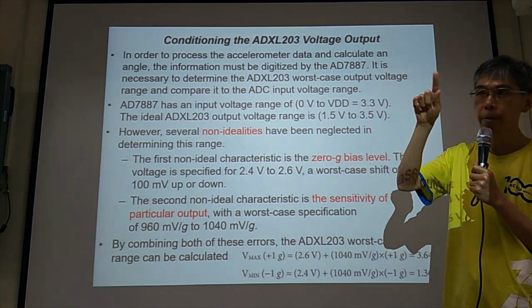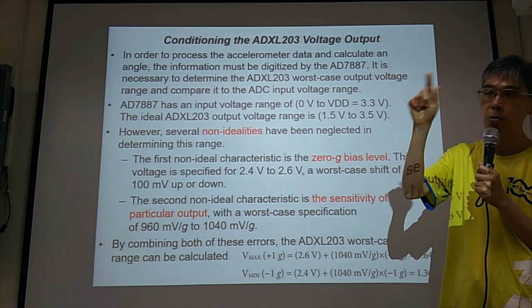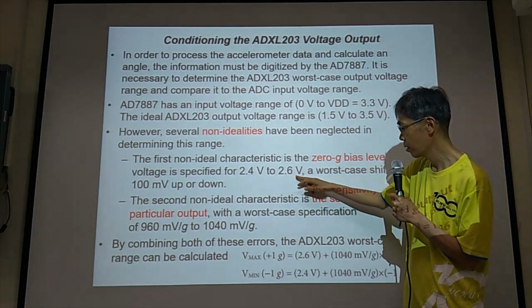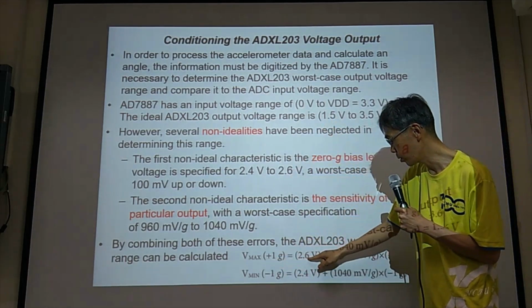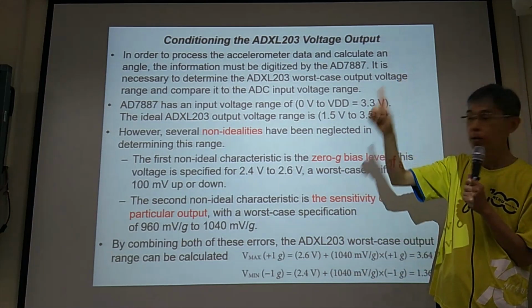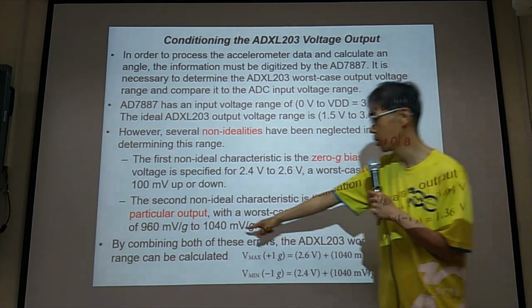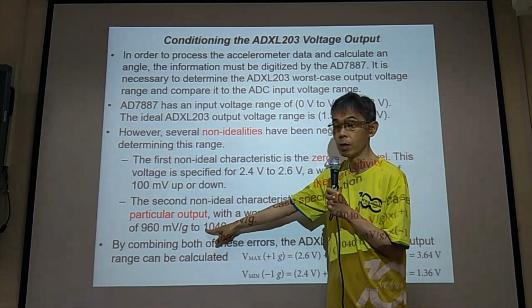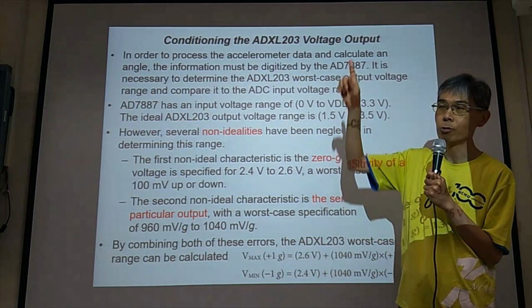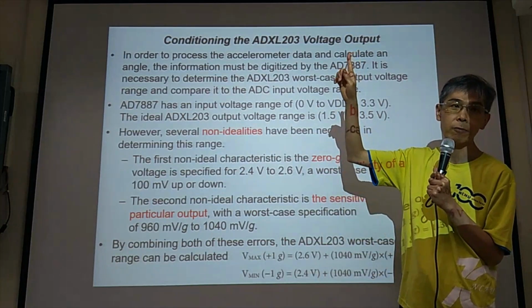Because remember, 0G bias is 2.5 volt, but it could be 2.6. So maximum possible 2.6. Then you want to reach the maximum, so you need to use this number as the sensitivity. If you use this number, you cannot reach the maximum possible voltage.